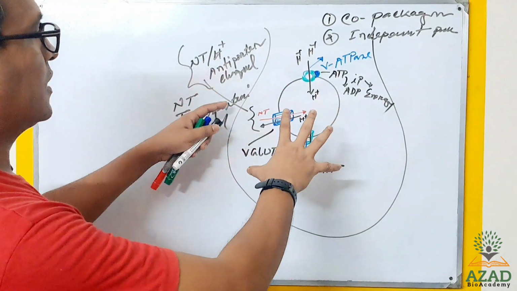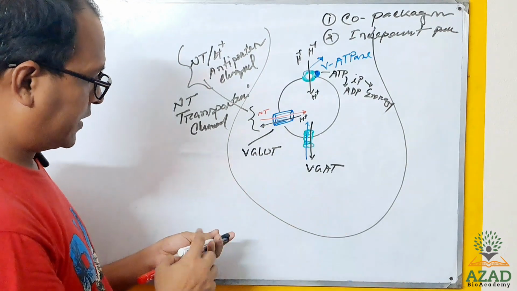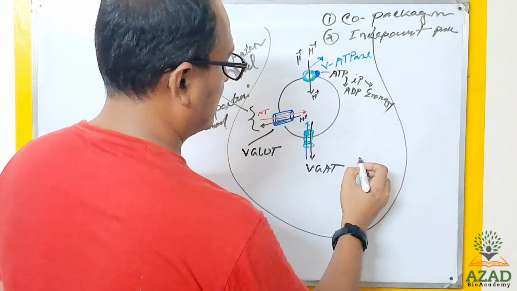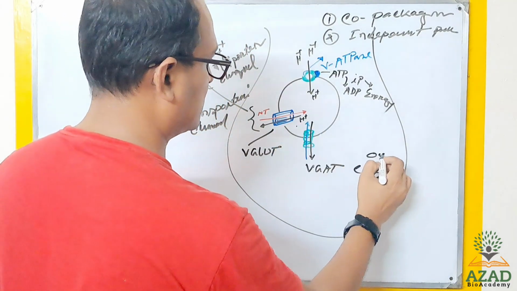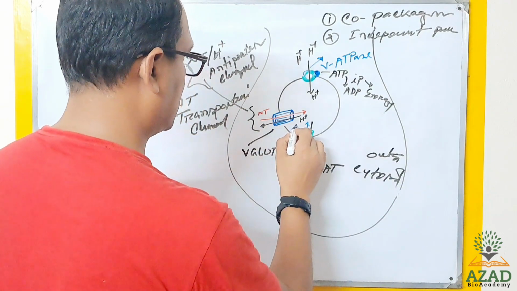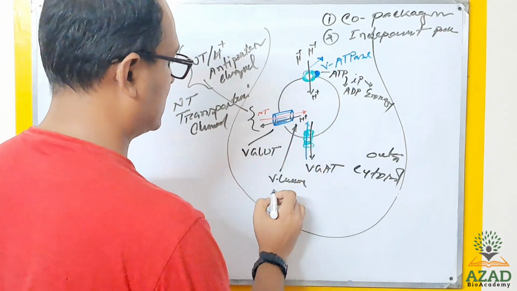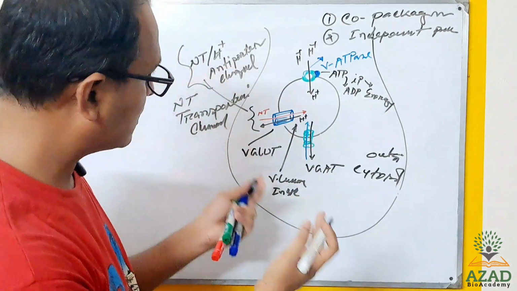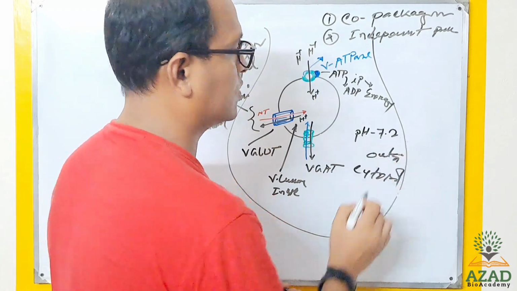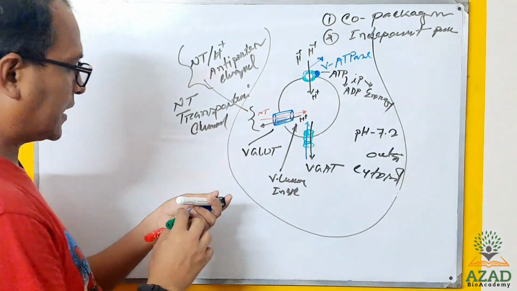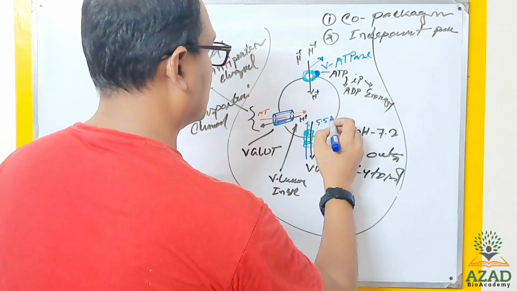Now come to the main mechanism of the loading process. So this is the cytosol, or you can say nerve cytoplasm, and this is outside of the vesicle, and this is inside, the vesicular lumen. Normally, in normal condition, the cytosol pH is 7.2, and inside pH is 5.5 to 6.